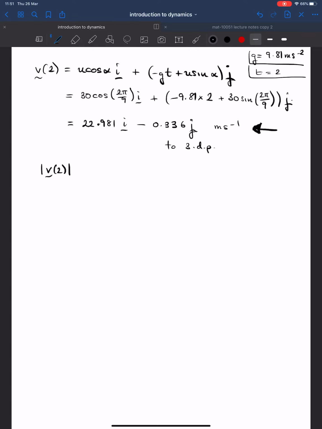So now what I do is I do the modulus of this. So the modulus of this is as follows. I'm not going to plug the truncated values into my calculator, but just simply for presentation, I'll do this.